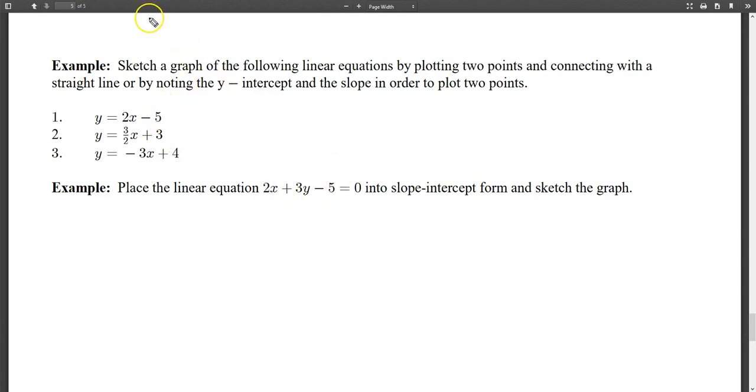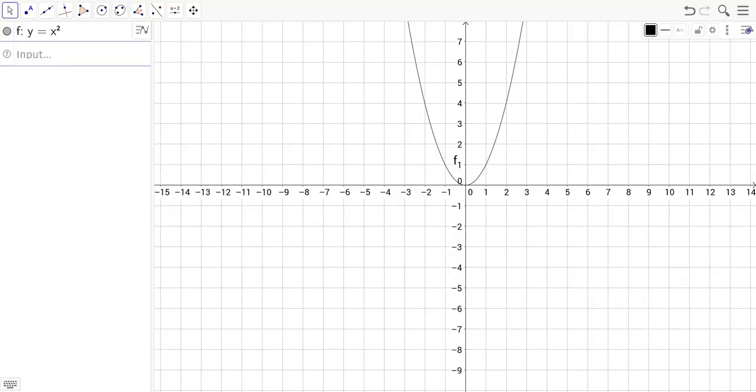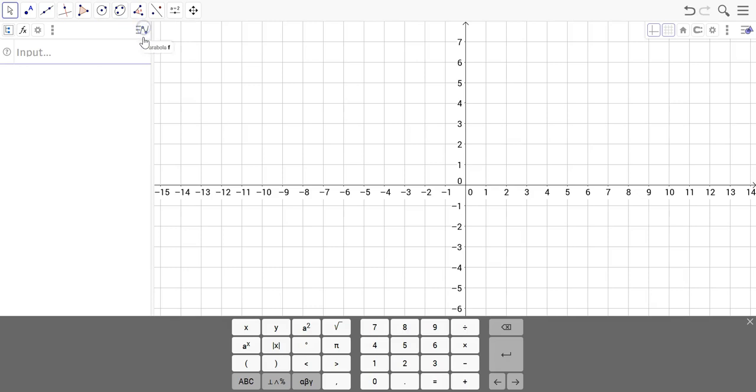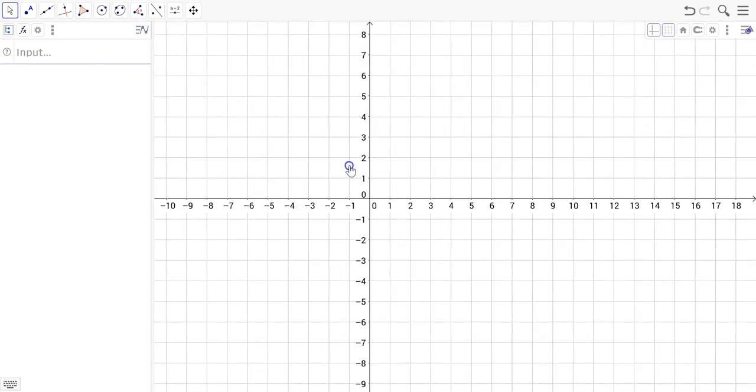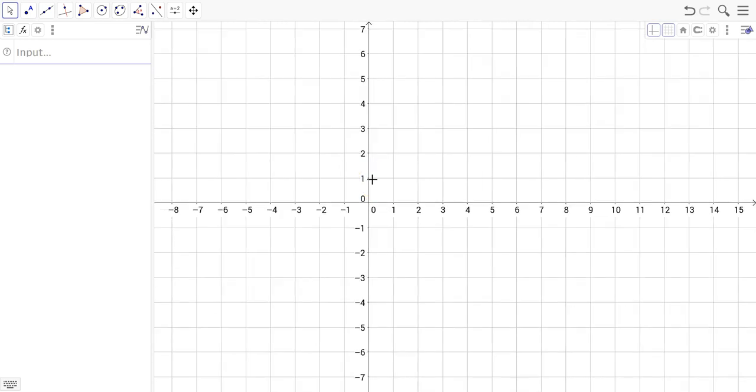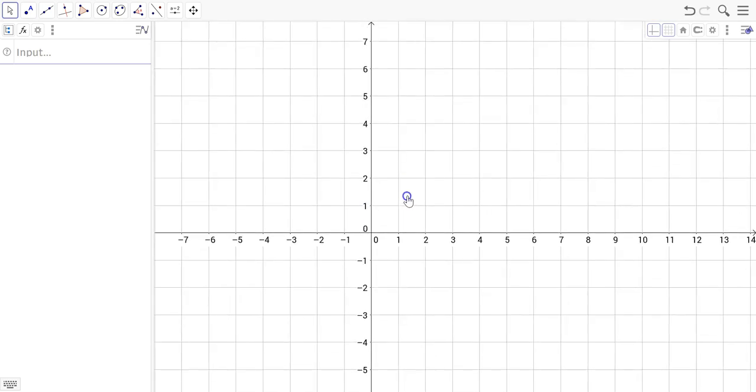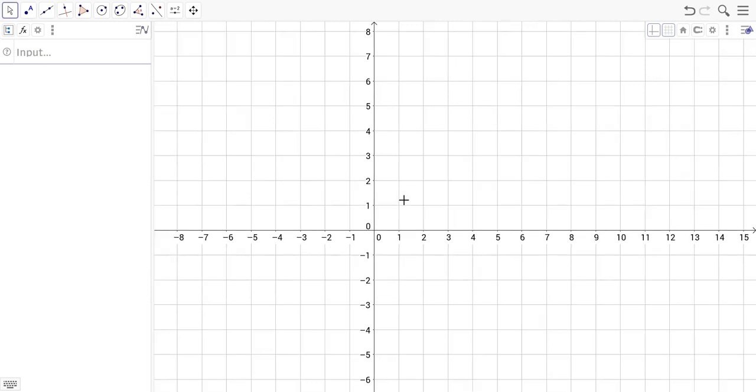So the first one, 2x minus 5, let's go back to GeoGebra. Delete that one. I'm going to zoom in a little bit. You can zoom in using the mouse wheel.